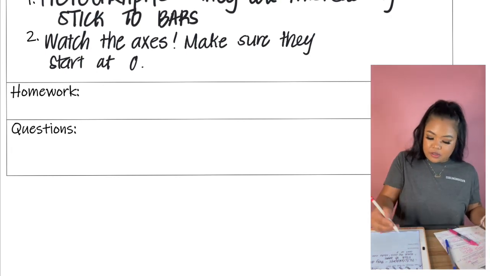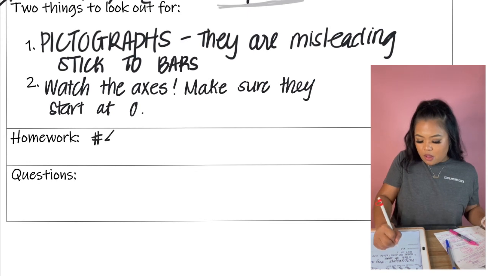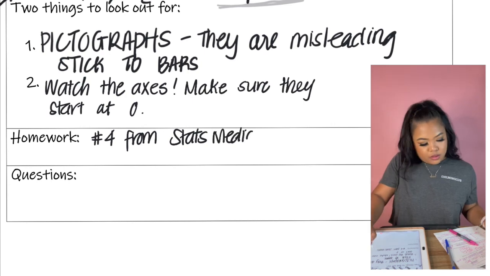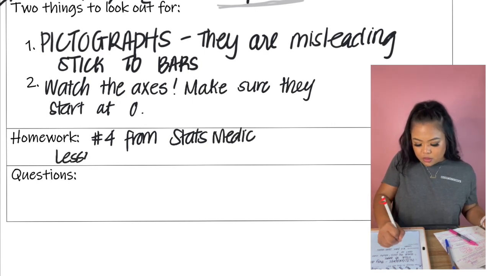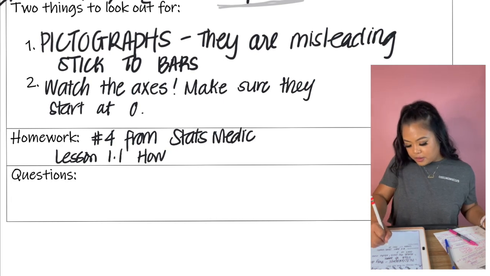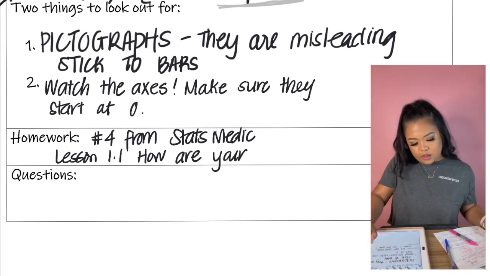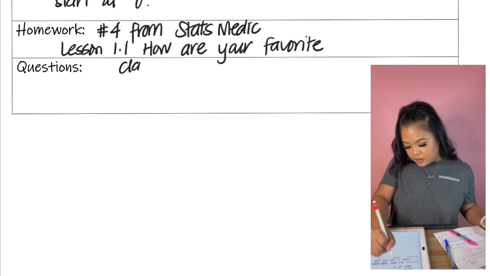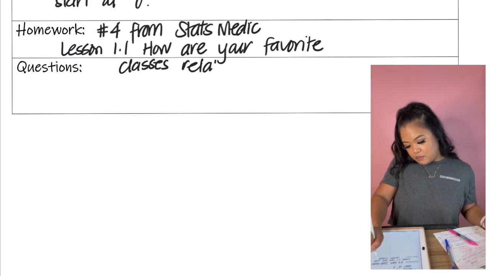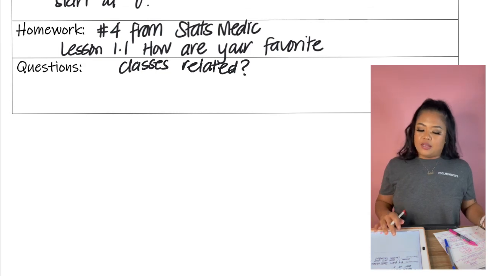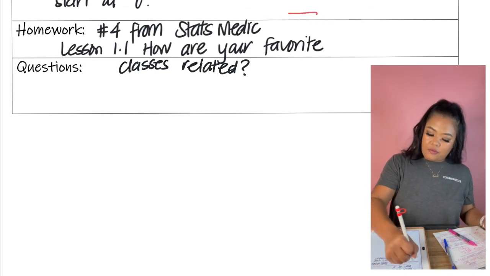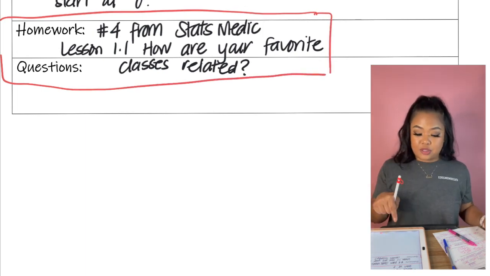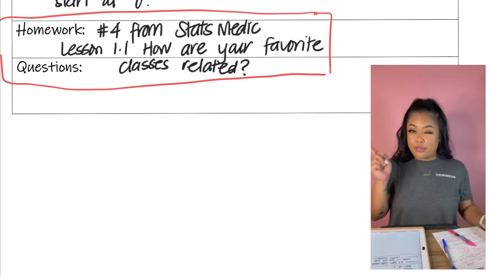Okay, so your homework is going to be number 4 from StatsMedic, Lesson 1, How are your favorite classes related? Okay, so that is your homework. And then I will talk about this homework in the next lesson, chapter 1, lesson 3.